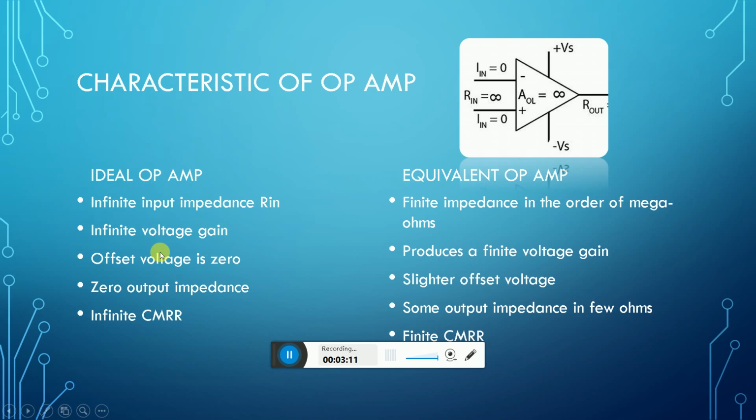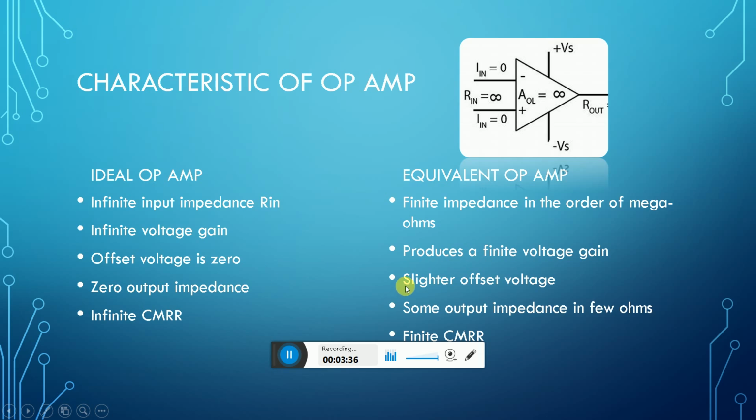The ideal op amp has an offset voltage of 0. Offset voltage is when the feedback is connected to the negative terminal, all the current entering the negative terminal is 0 and it is fed back and supplied to the feedback terminal.